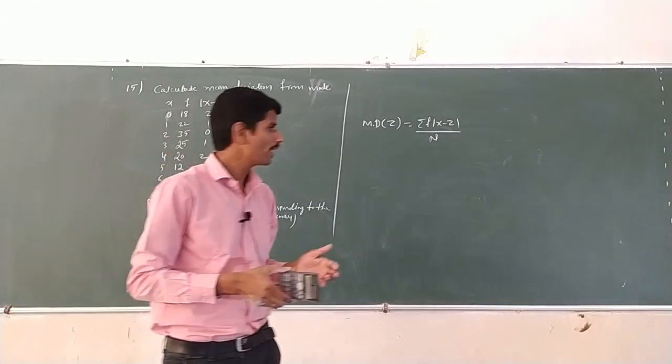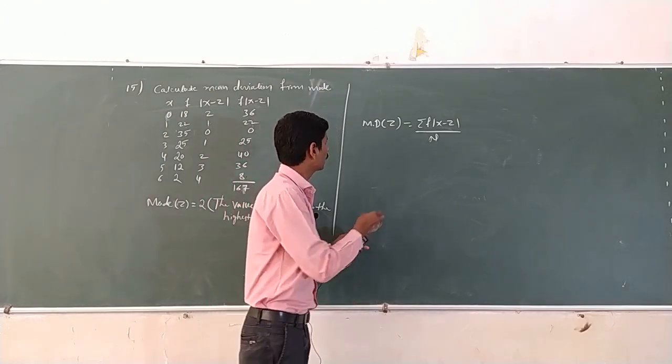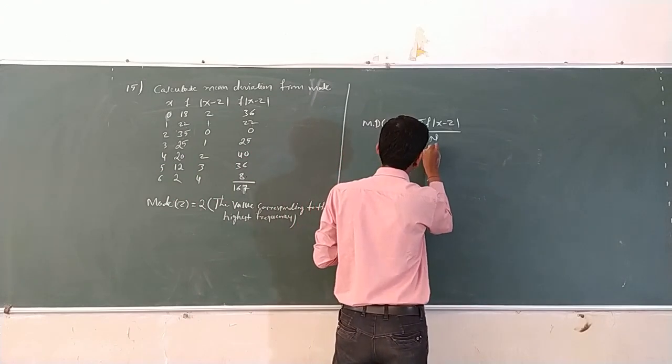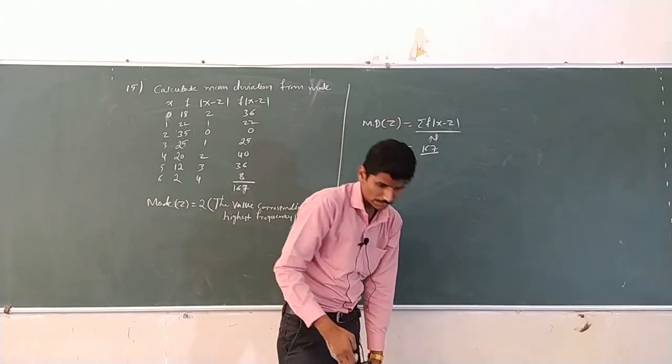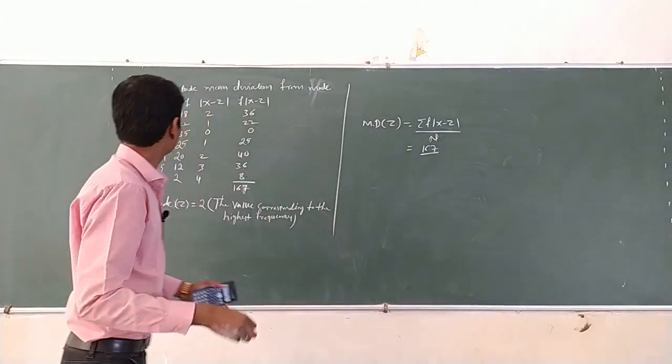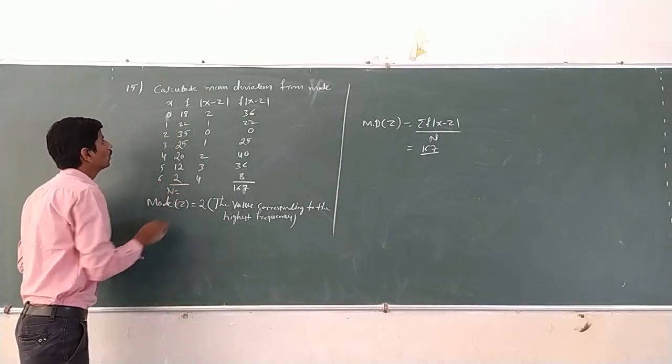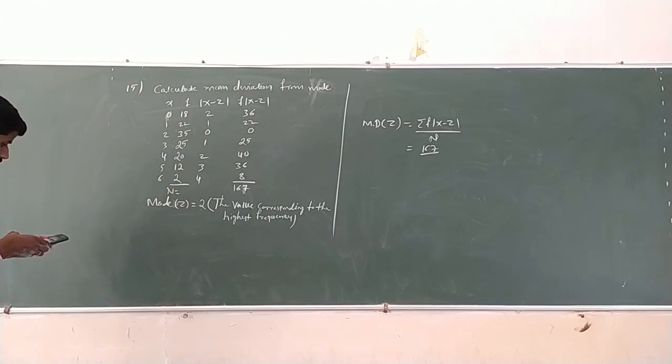Okay, then substitute the values. Here capital N, the sum of the frequencies. Capital N is what? Here capital N equal to 18 plus 22 plus 35 plus 25 plus 20 plus 12 plus 2, that is 134.